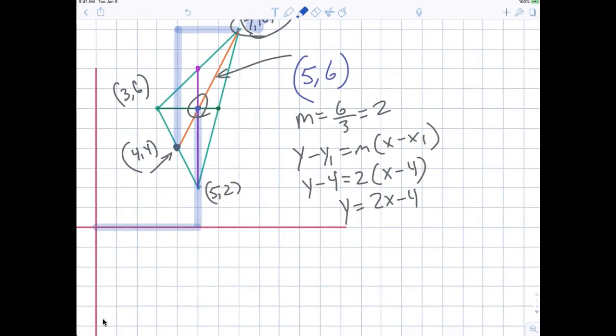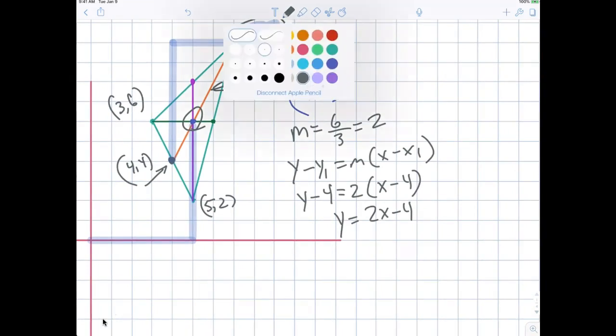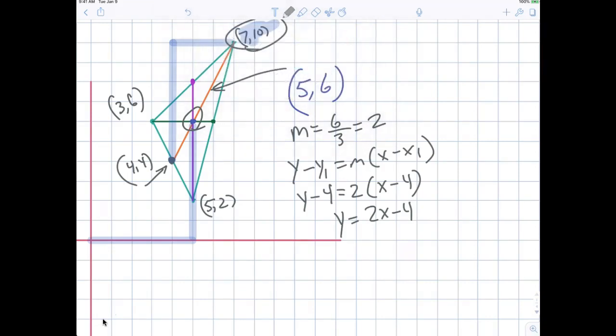All right. Now, what I want to do is, please look up. I need that midpoint. This right here, I need that midpoint.